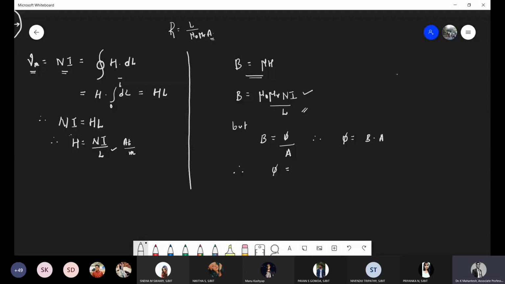B is equal to mu naught mu R Ni divided by L, into A. Now I'll reorganize the components, taking this component and this component to the denominator.